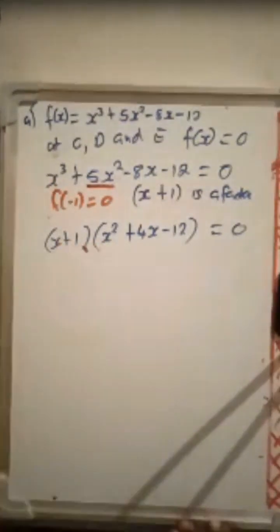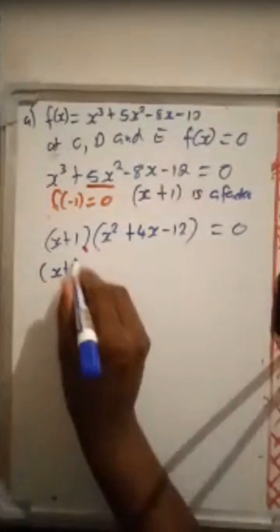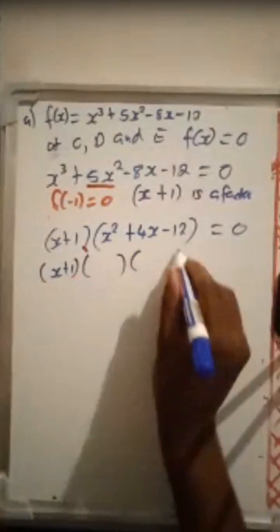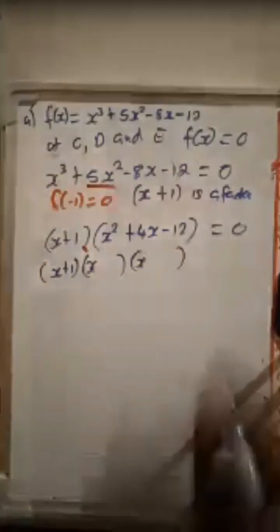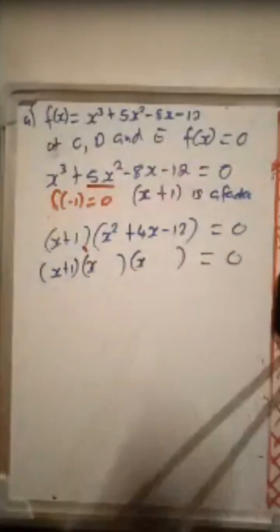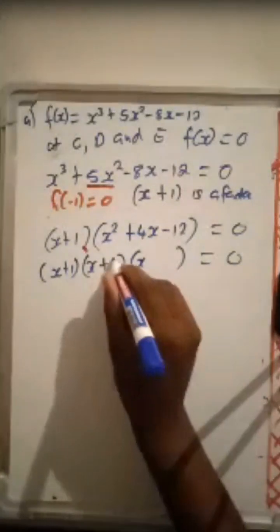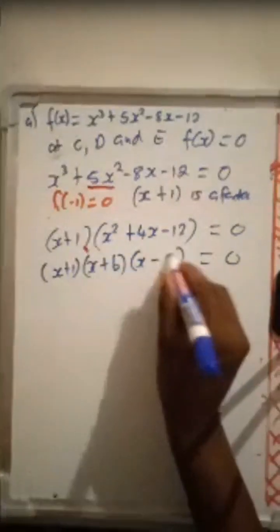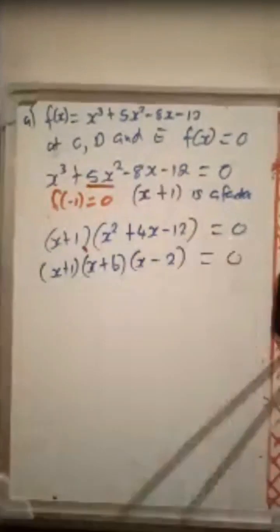The second part, we have to factorize this one. x plus 1, then that one we can factorize it. x, two numbers that we need to multiply to get negative 12 and add to get 4: positive 6 and negative 2. 6 times negative 2 is negative 12.